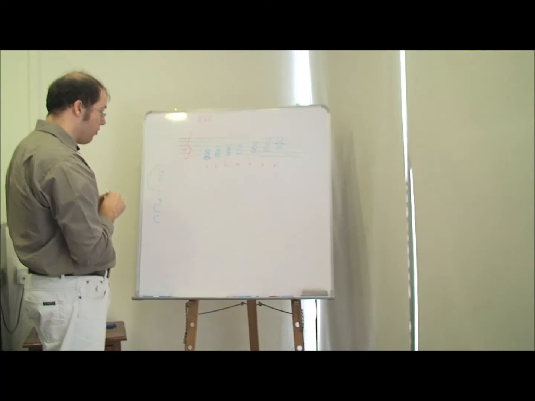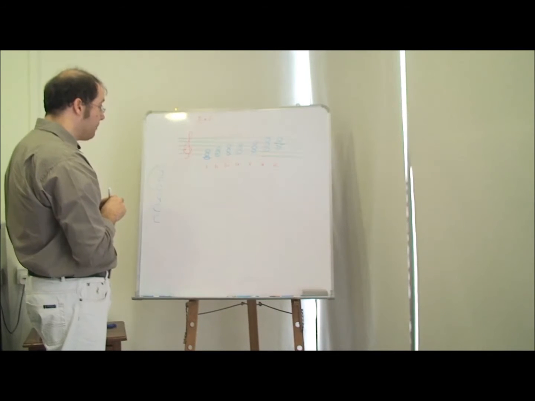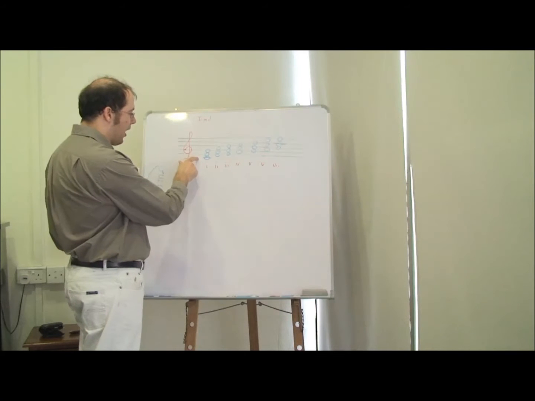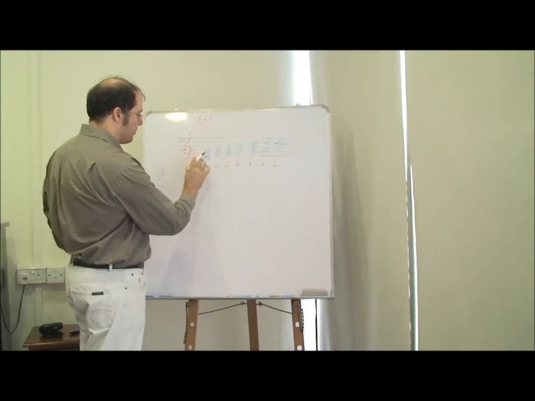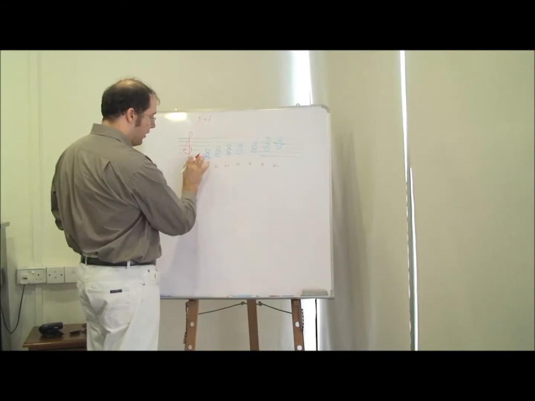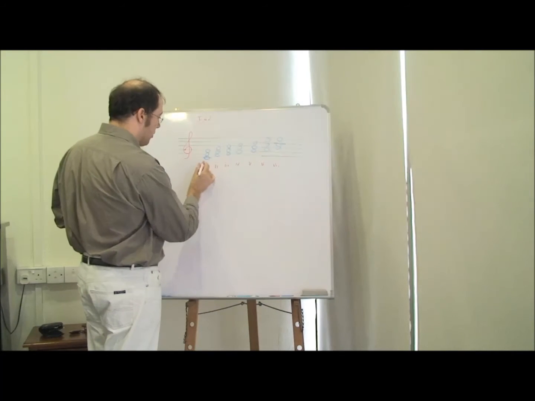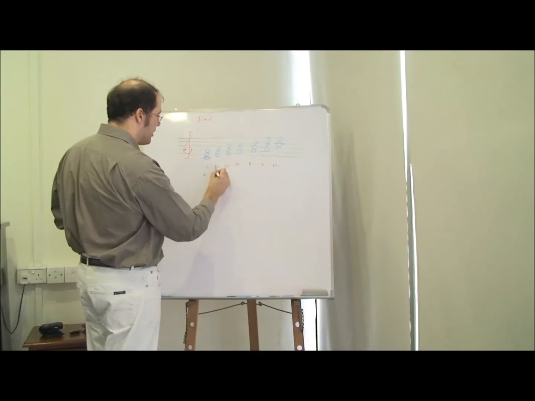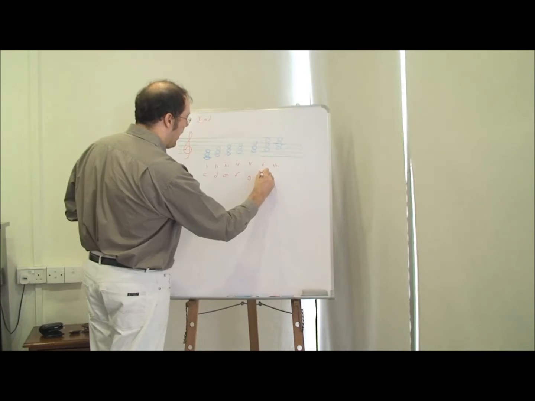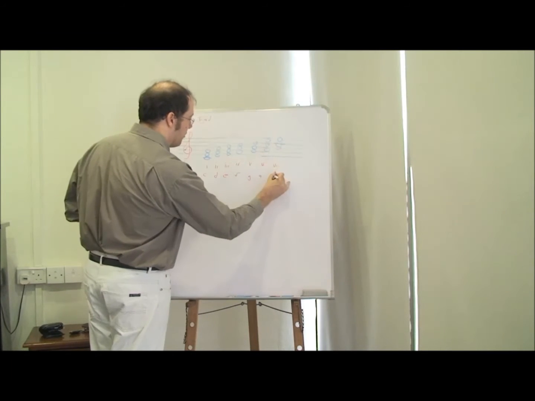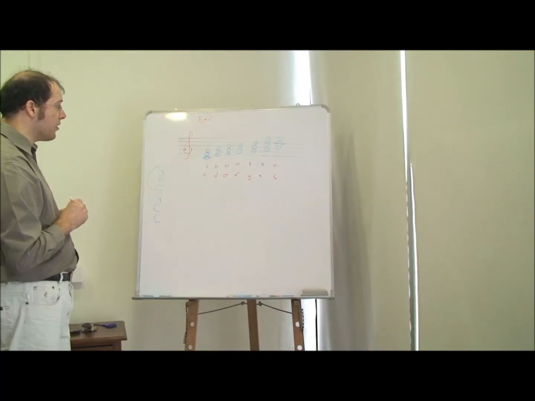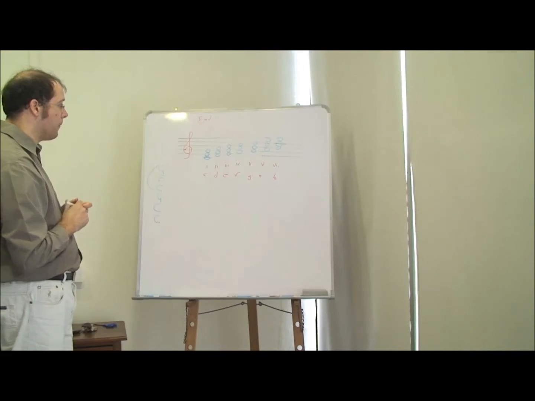The other naming convention is to call it by the bottom note, which in this construction is the root note. So you can call it a triad on C, a triad on D, on E, F, G, A, B, and then the next one would be C. That's pretty straightforward.